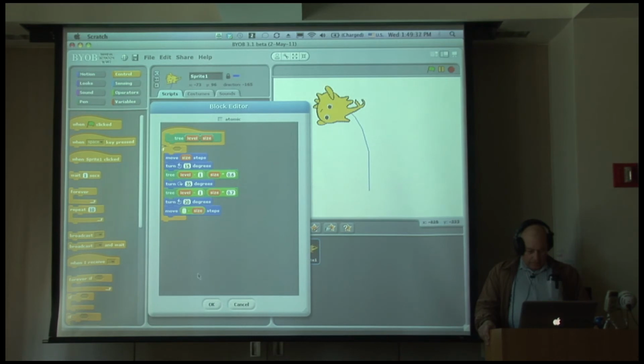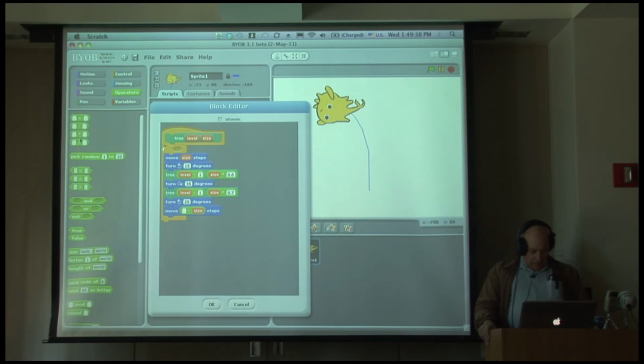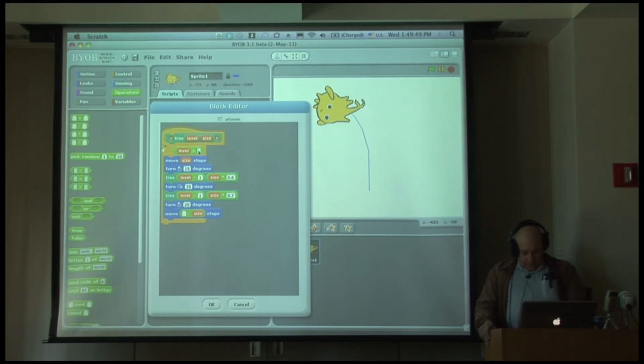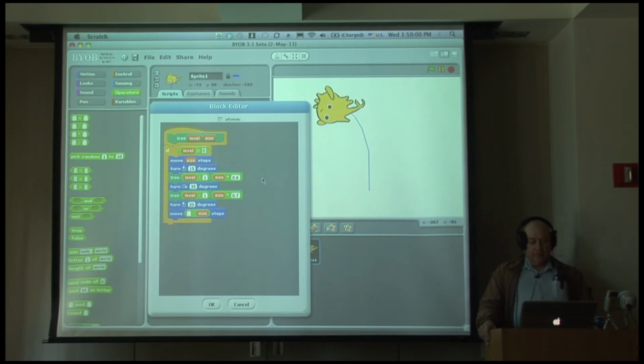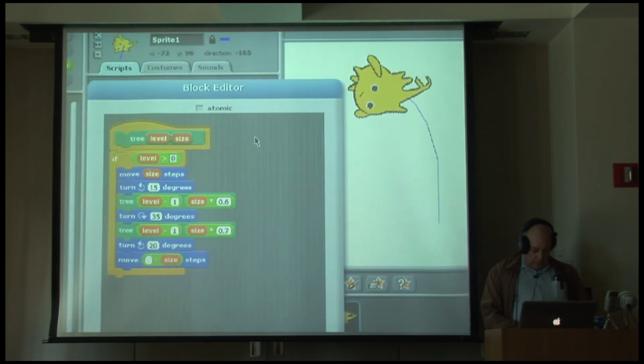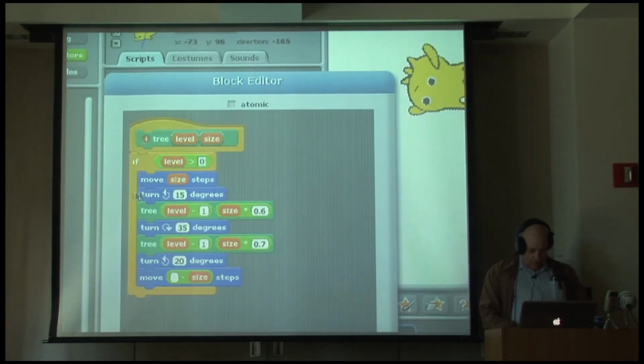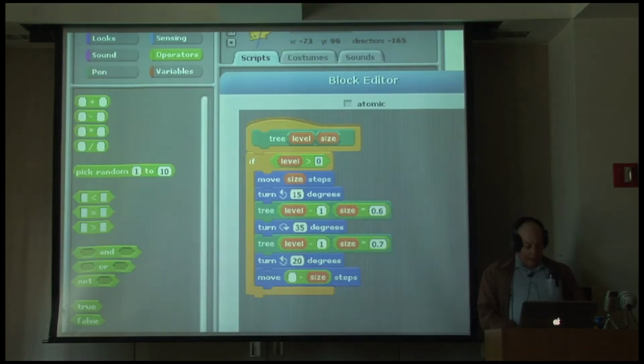And say if level is greater than 0. Oh, and this is not plugged in. There we go. So if level is greater than 0, then do this. Okay, so here's the complete script.